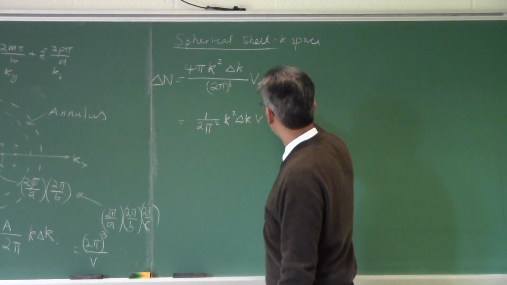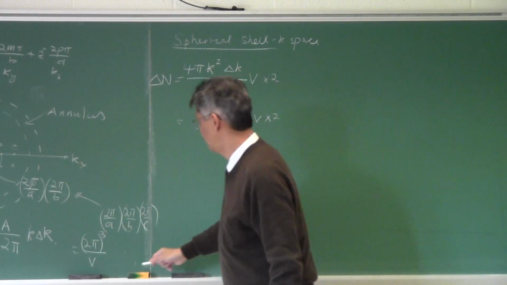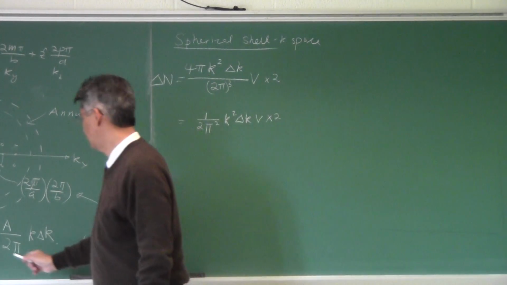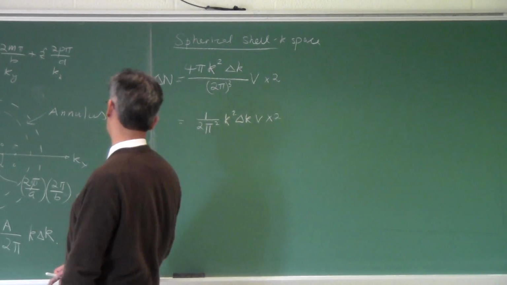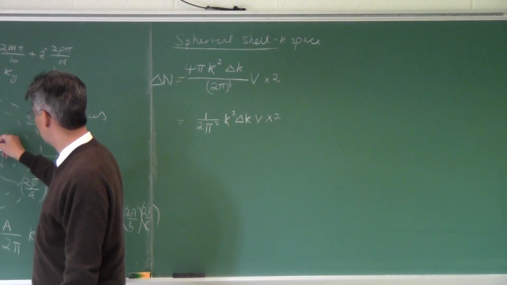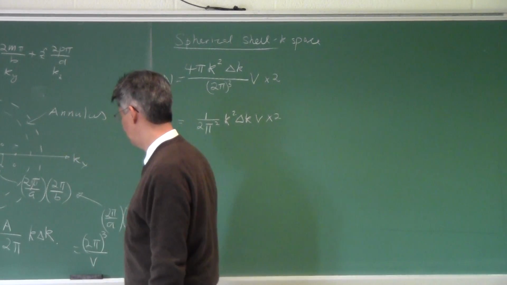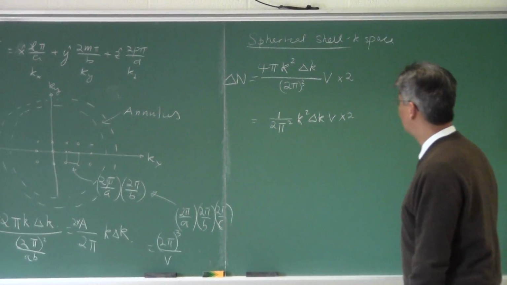But usually we multiply by 2 because there are actually 2 polarizations per mode, one horizontal, one vertical. So we usually multiply by 2 because every mode has 2 polarizations.